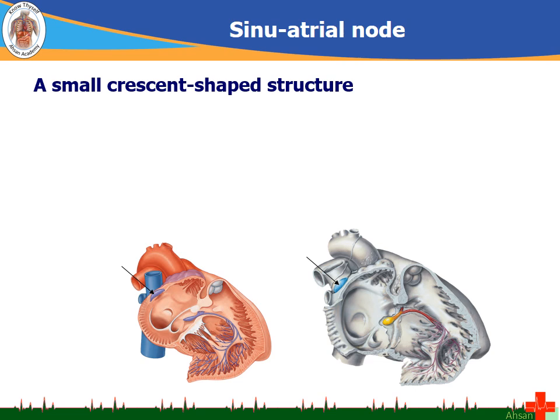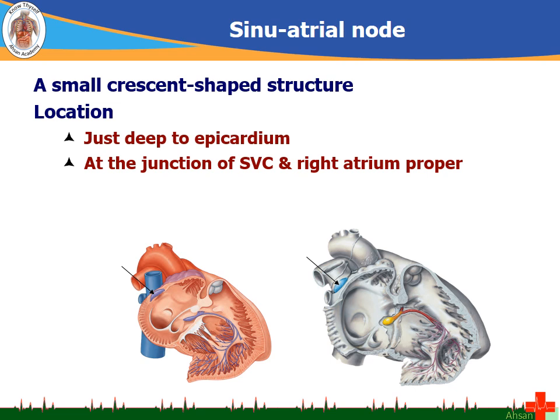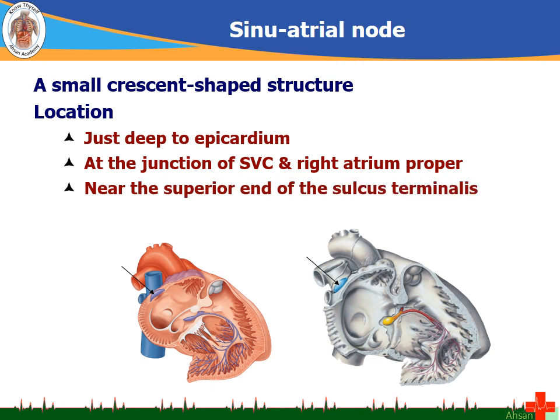The SA node, or sinoatrial node, is a small crescentic shaped structure. It is located just deep to the endocardium at the junction of the superior vena cava and right atrium. We know the elevation, sulcus terminalis, or inside, that is known as crista terminalis.